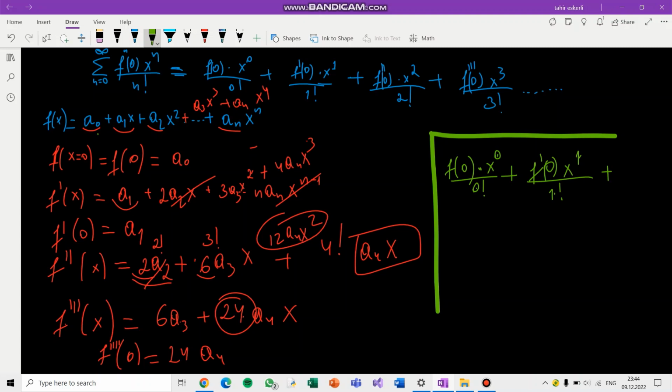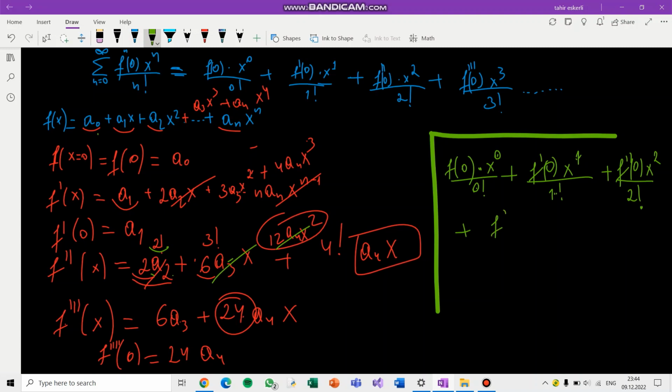It will be the second derivative of f at 0, which will be equal to 2a2. In order to write a2, we should divide it by 2 factorial: f double dash 0 x to the power 2. To get only the a2 coefficient, we should divide by 2 factorial. It is the same as what we expected, 1, 1, and again 2, 2. This trend will continue till the end.